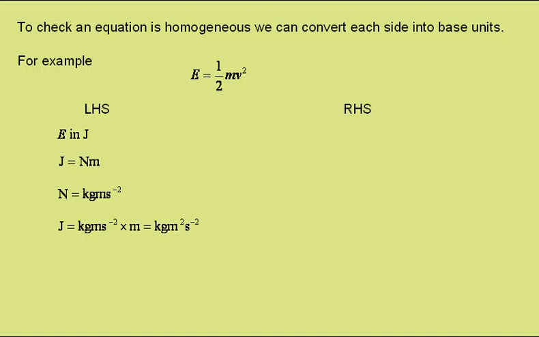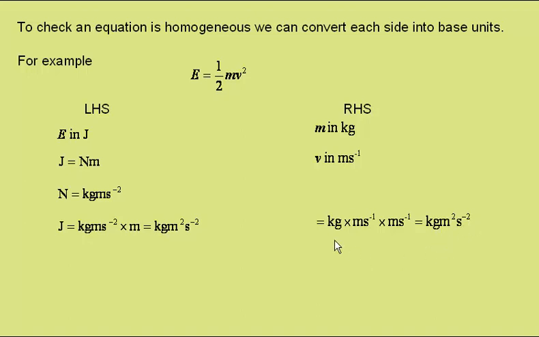Now the right hand side, well, mass is in kilograms, which is a base unit, and speed is in meters seconds to the minus 1. Meters and seconds are both base units. So we can write half mv squared as kilograms for the mass, meters seconds to the minus 1 for the speed, meters seconds to the minus 1 again as the speed is squared, which comes out at kilogram meters squared seconds to the minus 2.